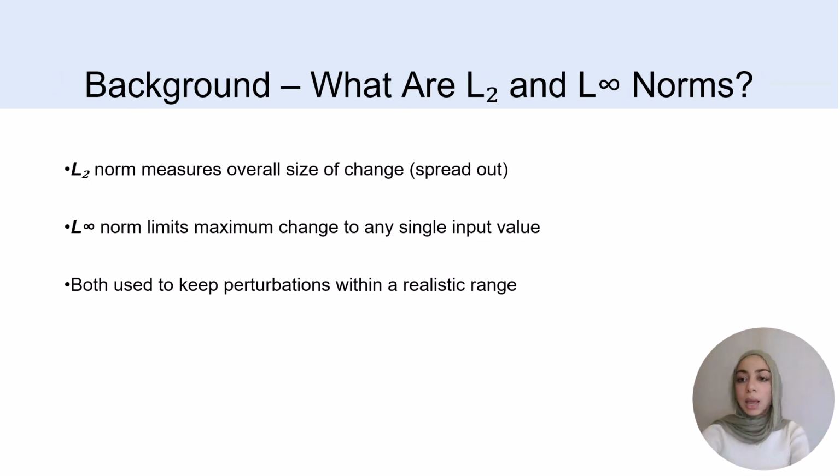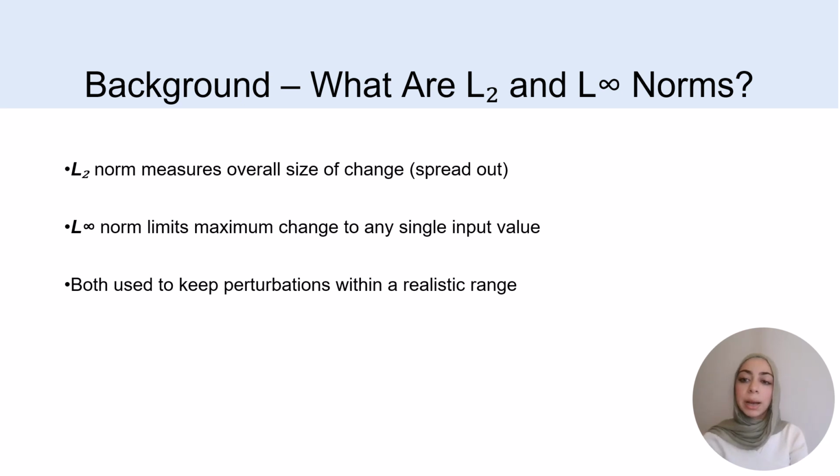Before we move further, let's quickly go over two important concepts that show up in adversarial attacks, which are the L2 and L infinity norm. The L2 norm looks at the total or overall size of the change, like how much we've changed the whole image, even if the change is small and spread out. The L infinity norm, on the other hand, looks at the biggest change made at any part of the input, like the most a single pixel is changed.